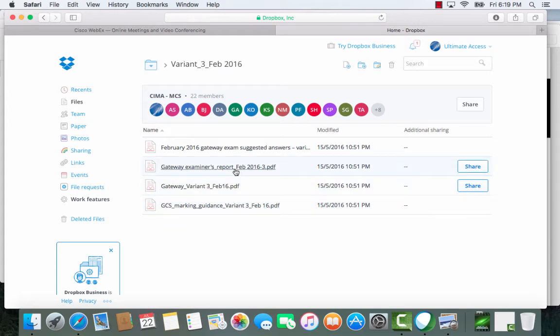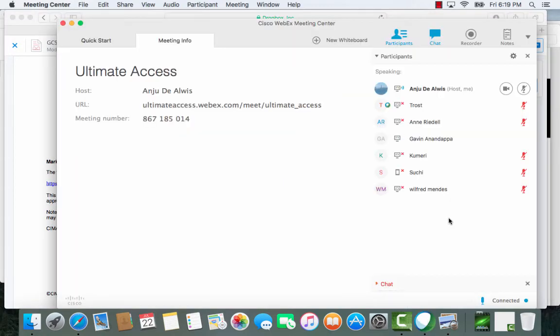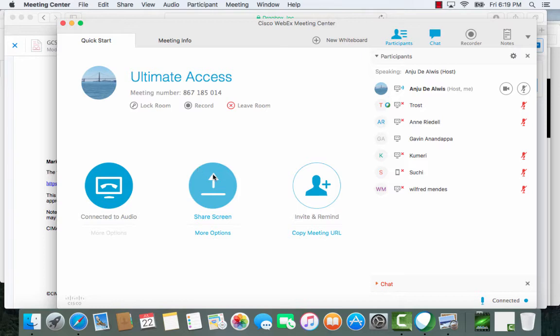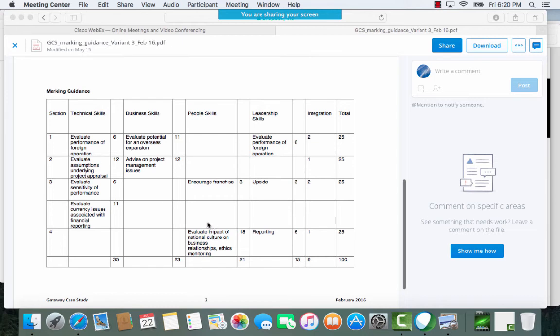Now I would like to look at their marking guidance. First, let's look at the marking guidance because this is important. Our section was project appraisal, right?